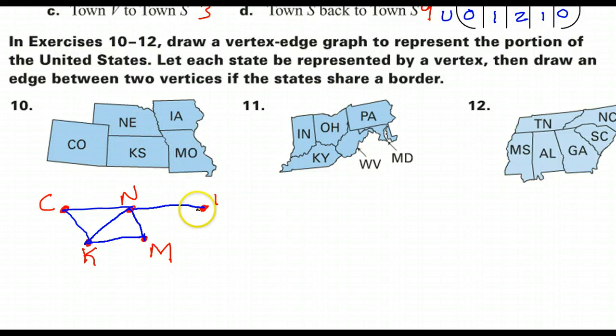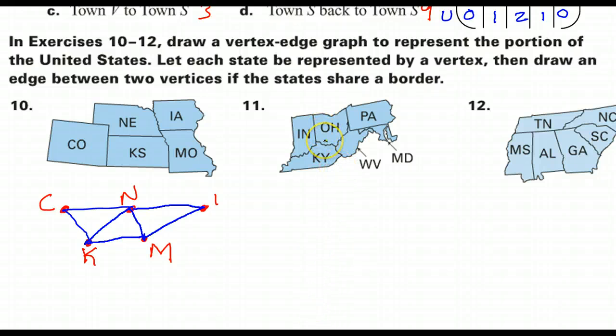That's it. So I've got Nebraska. Here's my Missouri. All right, let's just double check Missouri. Missouri shares a border with Iowa, Nebraska, and Kansas. There's Iowa, Nebraska, and Kansas. So boom, there's my vertex edge graph.